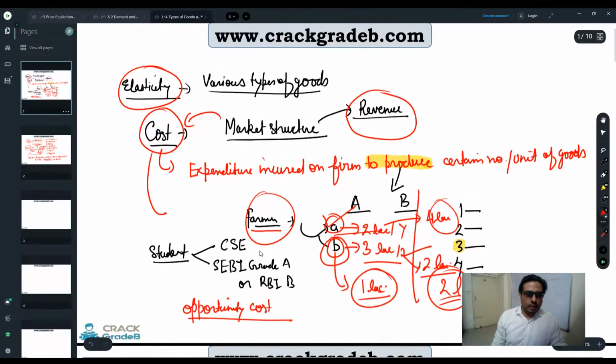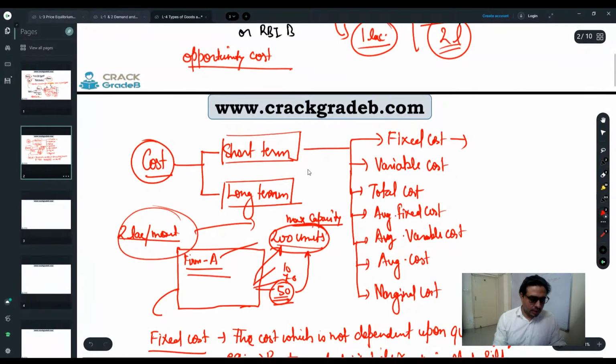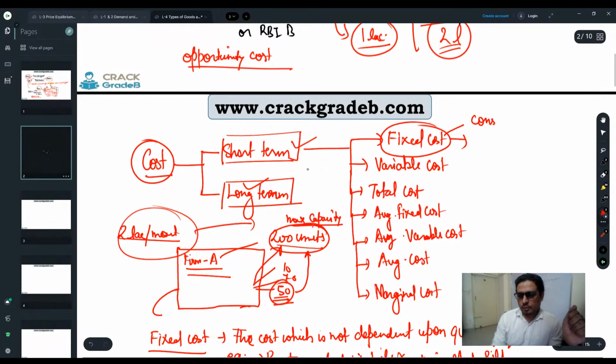I told you that we study short term cost and long term cost separately. The reason is very simple. In the short run, fixed cost is going to remain constant, but in the longer run, fixed cost also changes.